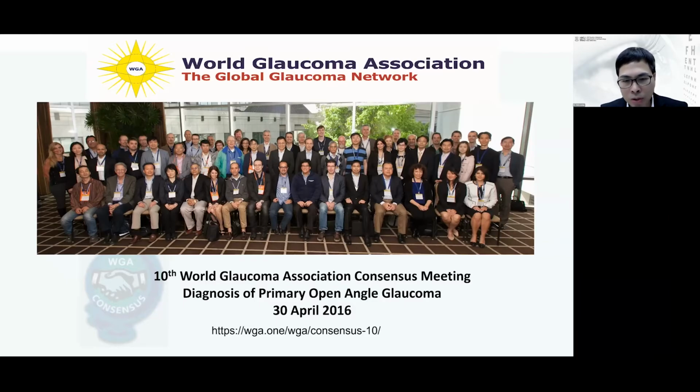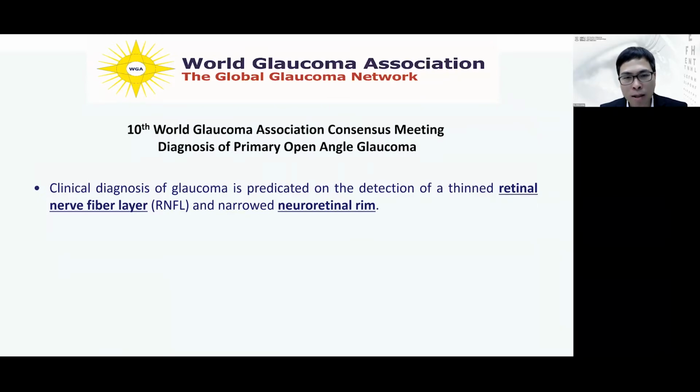This is about diagnosis of primary open-angle glaucoma, and this is one of the consensus statements we made in that meeting. The clinical diagnosis of glaucoma is predicated on the detection of a thin retinal nerve fiber layer and narrow neuroretinal rim. We have 2 parameters here. One is RNFL and the other is neuroretinal rim.